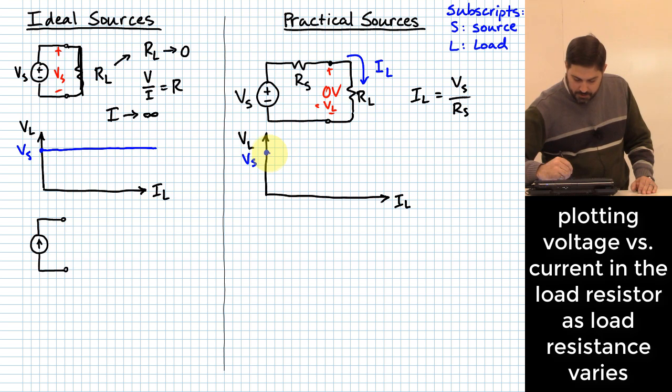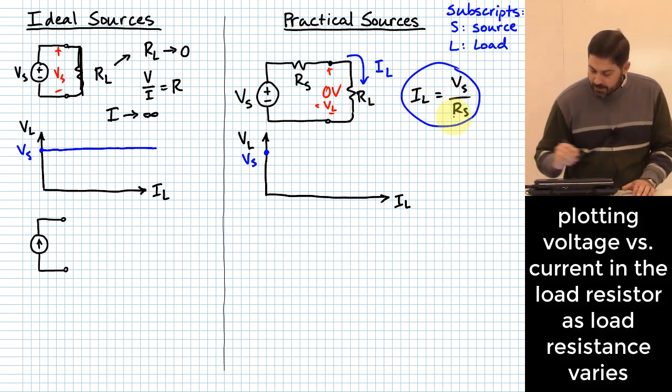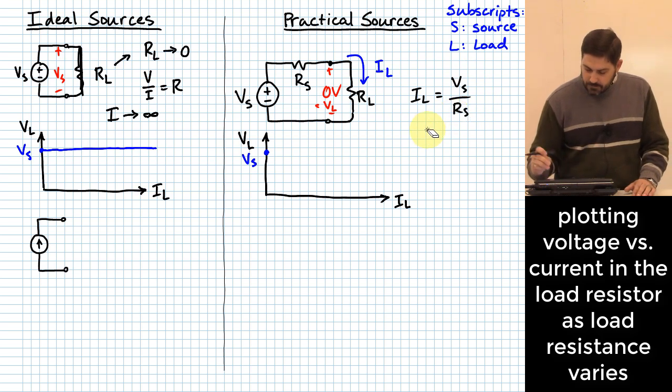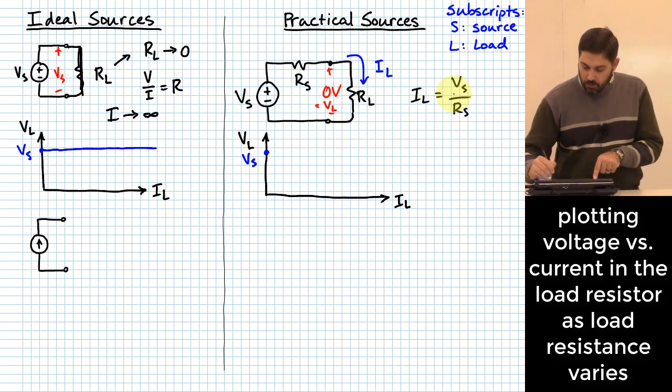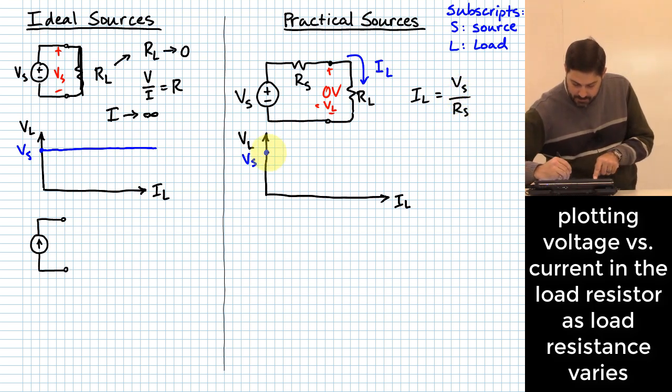But now what happens as I let RL trend to 0? It will start to taper off the amount of voltage that I see at the load until I go to 0, which is the limiting case I had right here. That was for when RL goes to 0, IL goes to VS over RS.